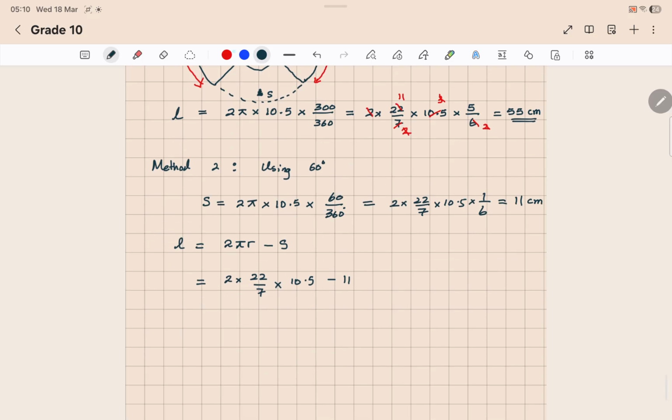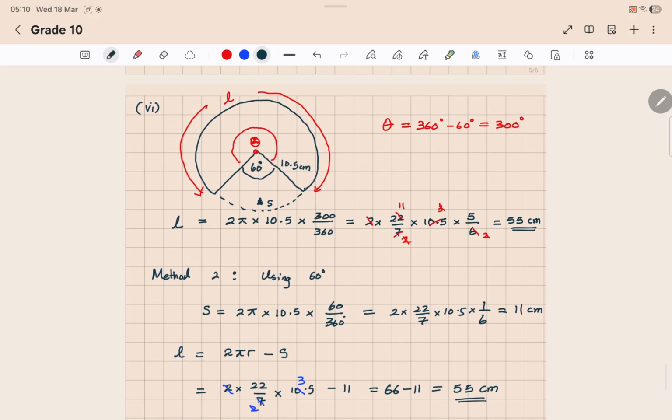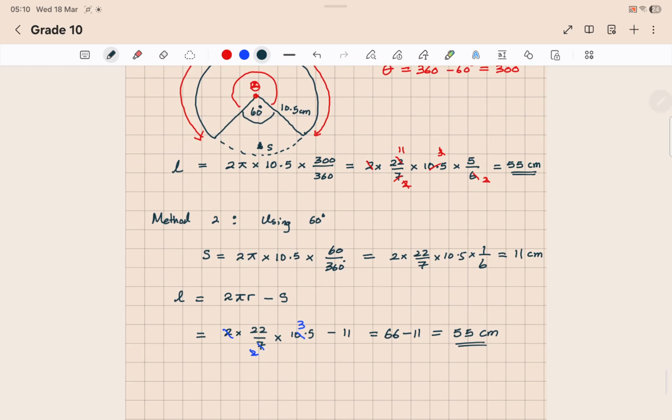Simplify, 3, 2 cancel. So 66 minus 11, that is the same answer we got, 55 centimeters. But this is more work than using the 300 degrees angle, right? So you can do it like this also.